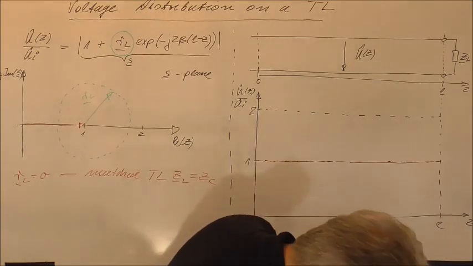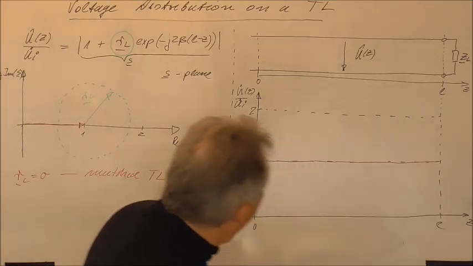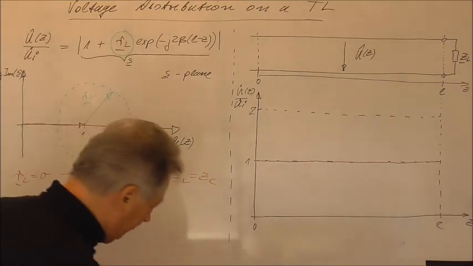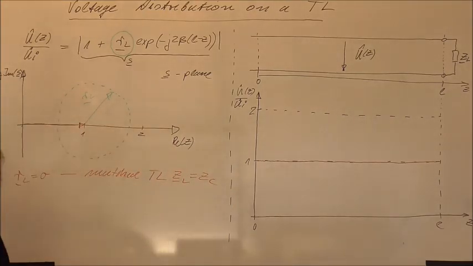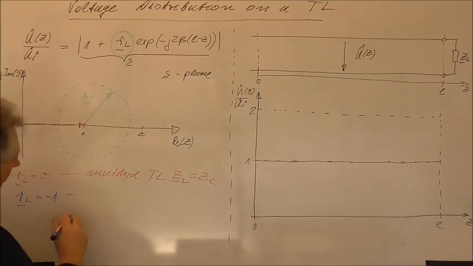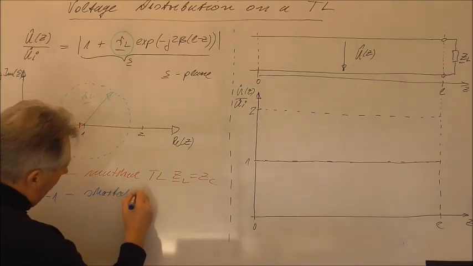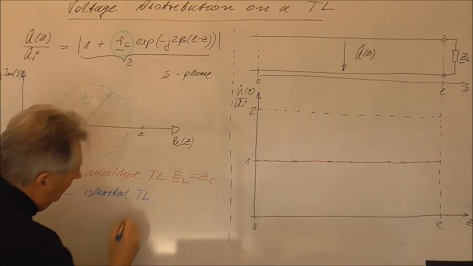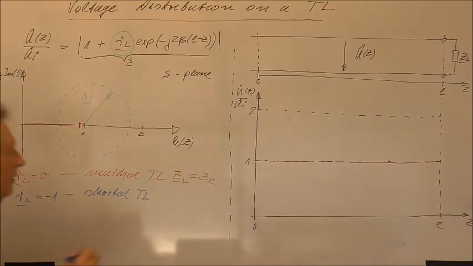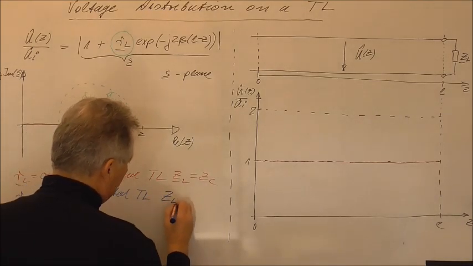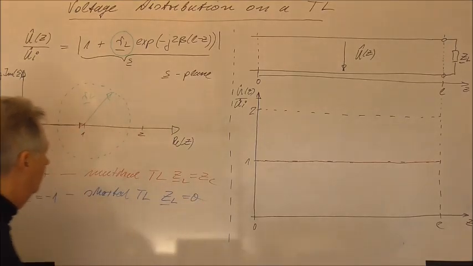And as a next point, I want to discuss the so-called short circuit, which means now I will assume that RL, the reflection coefficient, is -1. If we have -1, then we have a shorted TL, which again means that the load impedance is equal to 0.